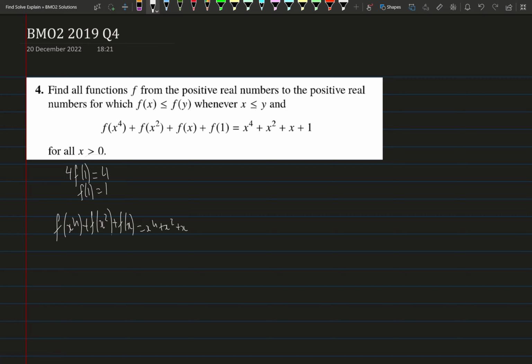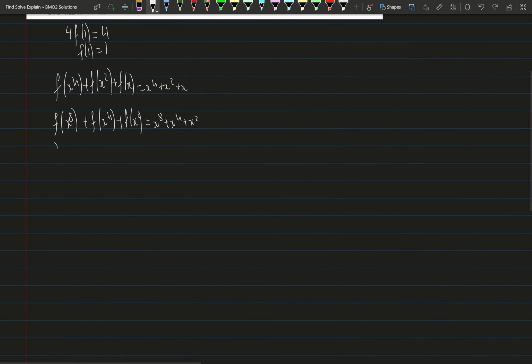And then we can substitute x squared into this equation, which will give us f(x^2)^4 + f(x^2)^2 + ... that is, f(x)^8 + f(x)^4 + f(x)^2 equals x^8 + x^4 + x^2. Okay, and then subtracting the top equation from the bottom equation, we get f(x^8) minus f(x) equals x^8 minus x.